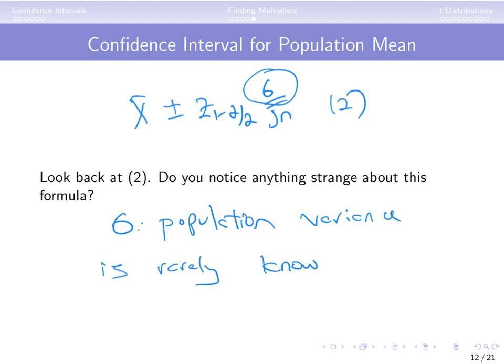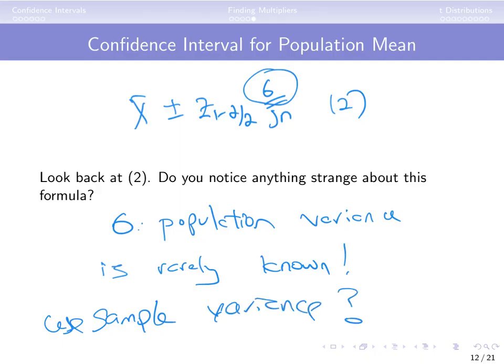So how can we actually apply this formula? What can we do? If you're thinking, well, could we use the sample standard deviation in this place? You are actually on the right track. And so in part 3 of the slides, we'll talk about what changes when we use the sample standard deviation. A lot of the ideas are still the same. There are just some minor differences that I will highlight.